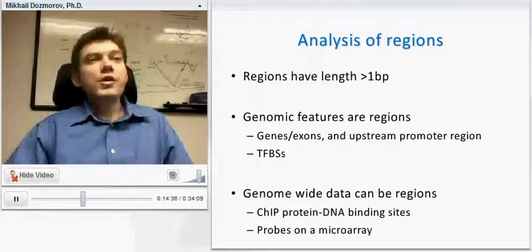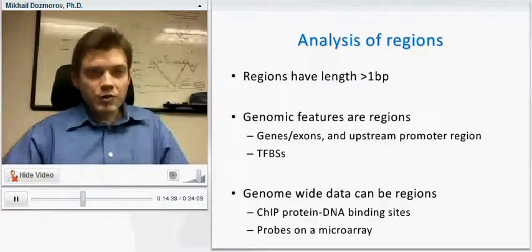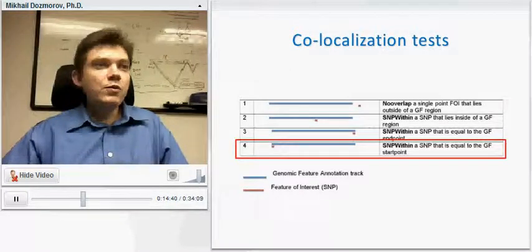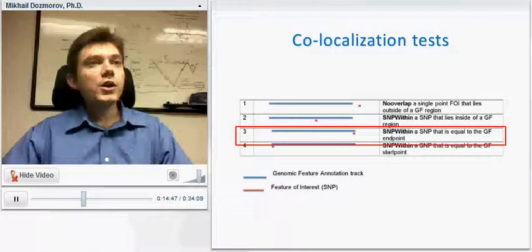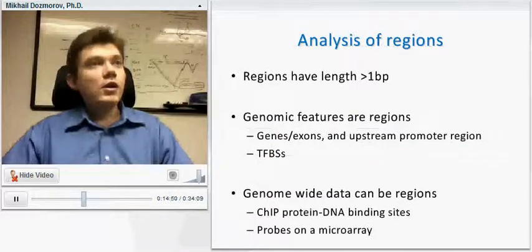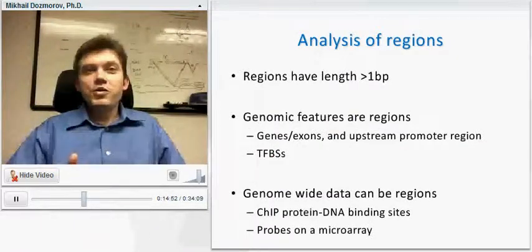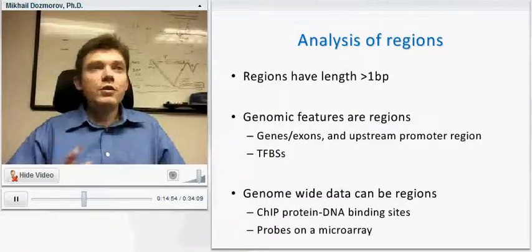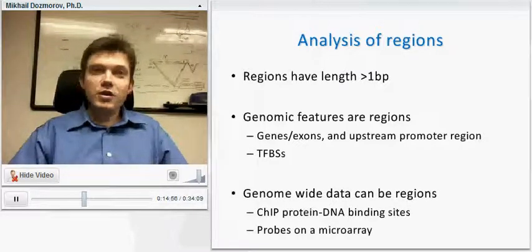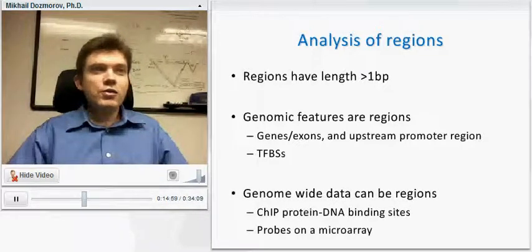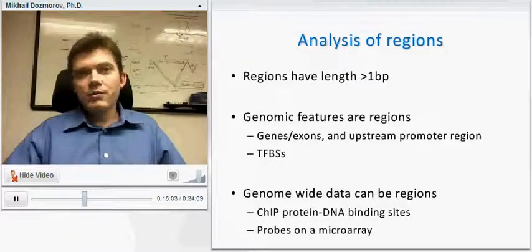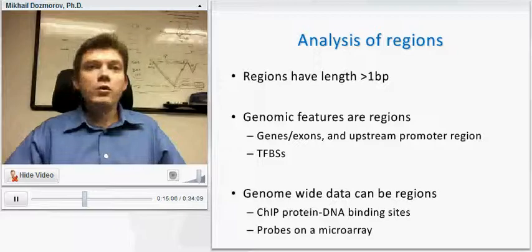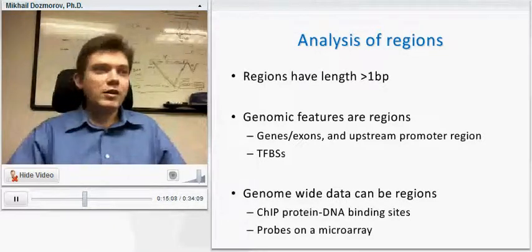Now, what about regions? So far on the previous slide, I showed you features of interest that are very short, one base pair, like SNPs, for example. What about regions? How do we define regions? Regions have length. They are longer than one base pair. Genomic features are regions. Genes and exons and upstream promoter regions, transcription factor binding sites, they are all long, they have length.